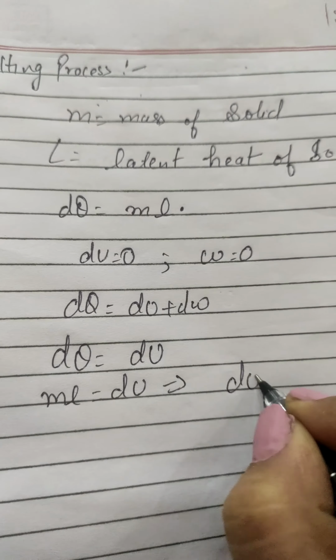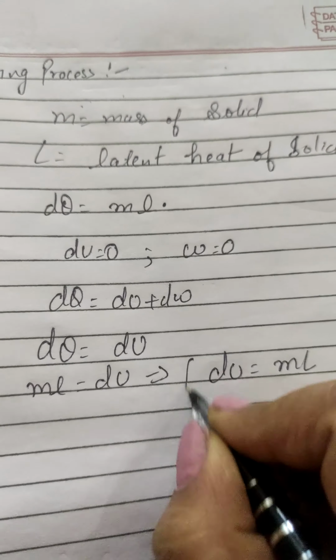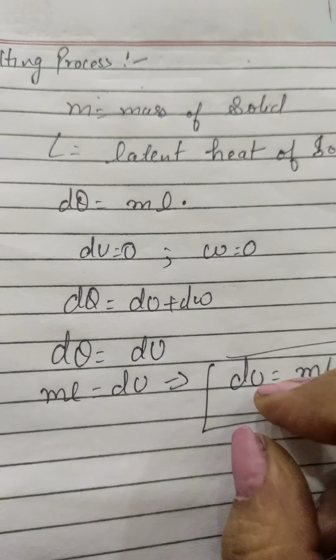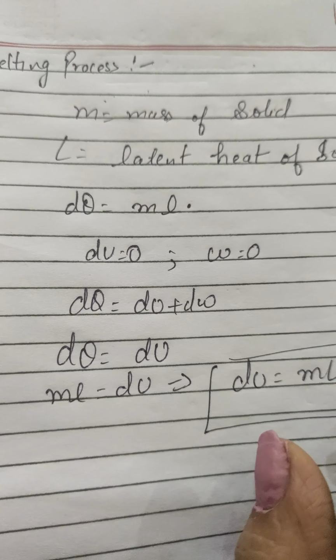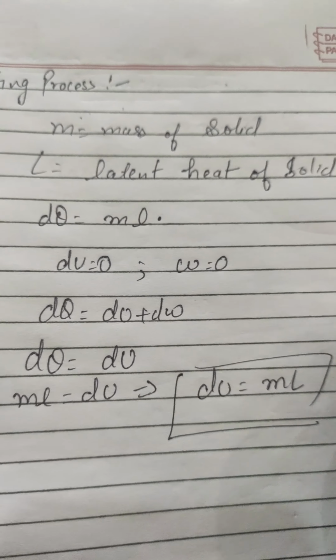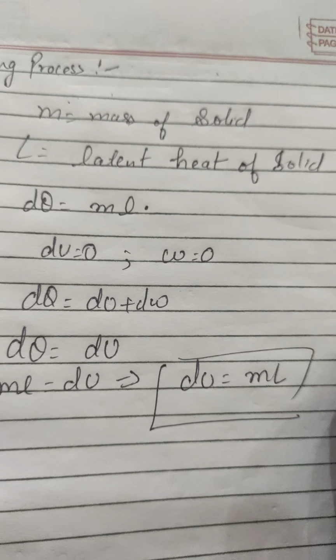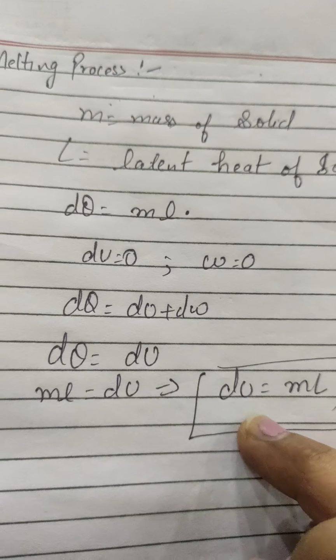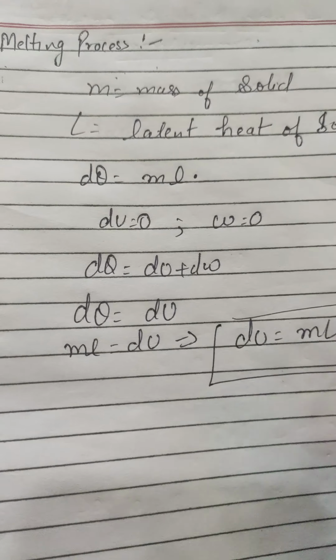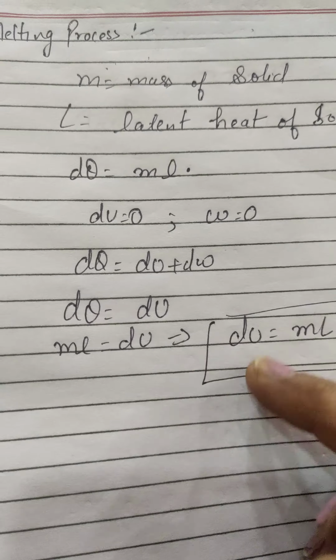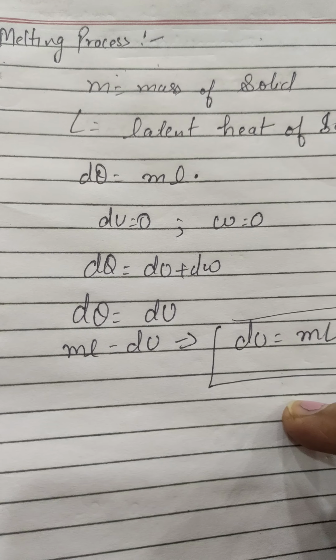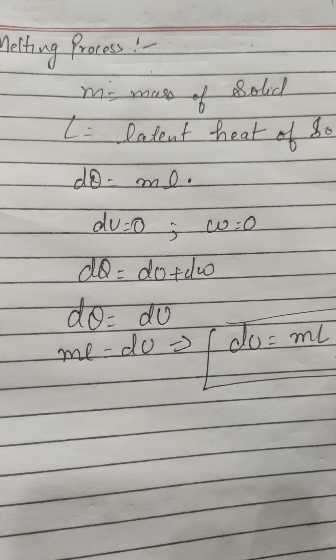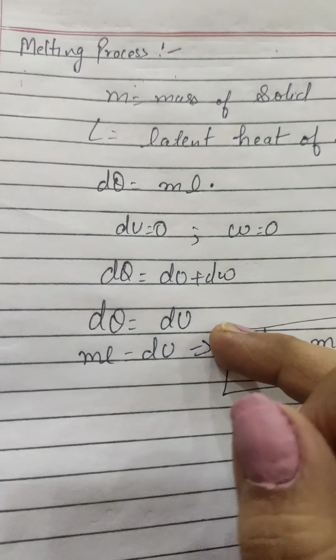Since the temperature is constant, the internal energy change should be at the cost of potential energy. So this is the application through which we can calculate how the energy varies during the melting process.